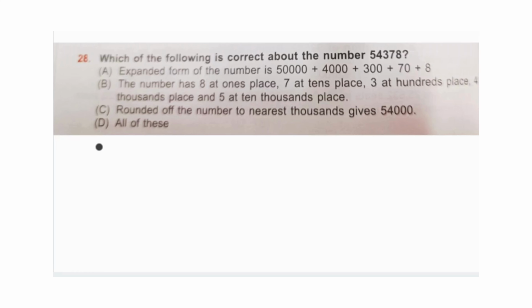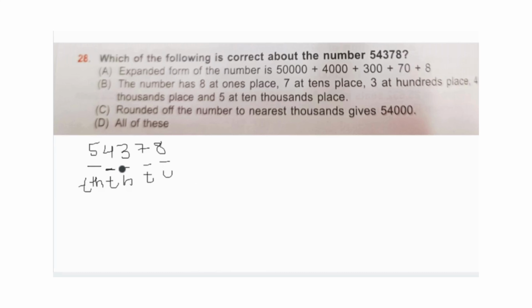So if you see option A, the expanded form of the number is 54,378. This is units place or ones place, this is tens place, this is hundreds place, this is thousands place, and this is 10,000s place.